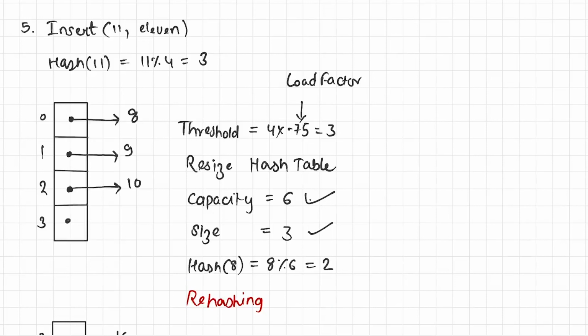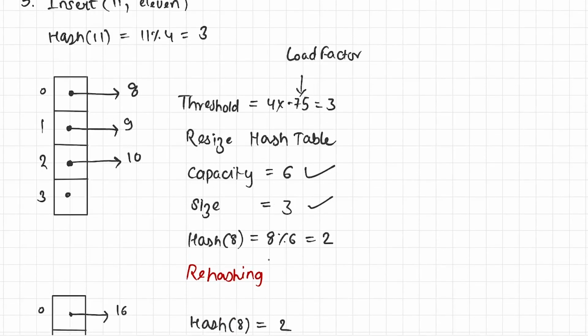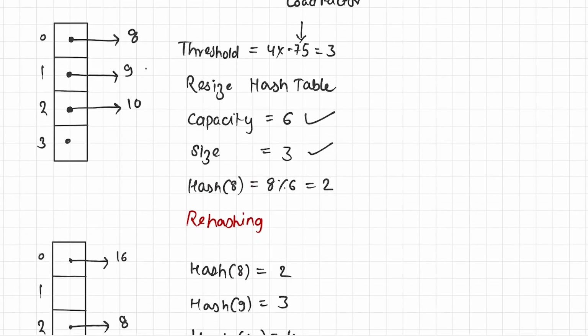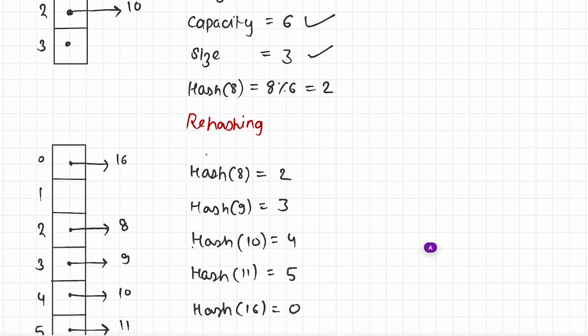This is where the concept of rehashing comes into the picture. So now what we have to do is compute the hash code of all the existing keys and insert them into new buckets. And then we are going to insert the new key value pair, that is 11. So let's do the rehashing of all the existing keys.